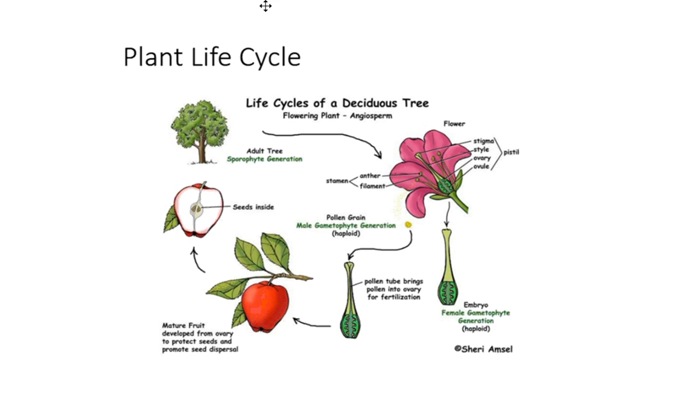And again, we're going to mention this more later, but I want to go ahead and make this clear. It's a very important concept when talking about plants. Meiosis creates the haploid state.